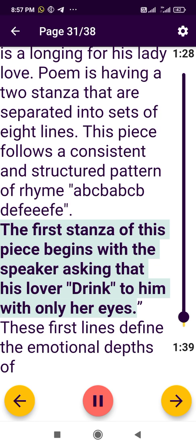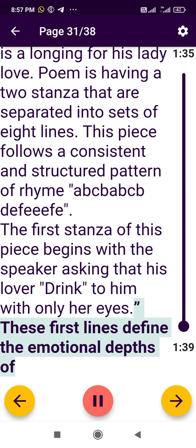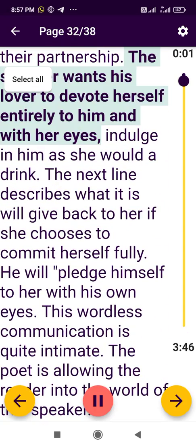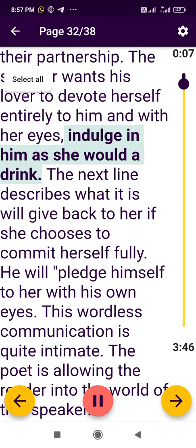The first stanza of this piece begins with the speaker asking that his lover drink to him with only her eyes. These first lines define the emotional depths of their partnership. The speaker wants his lover to devote herself entirely to him, and with her eyes, indulging him as she would a drink.